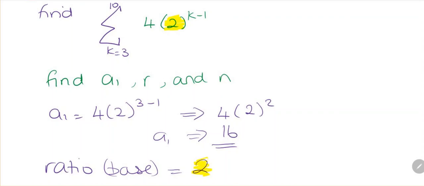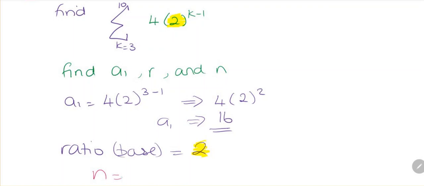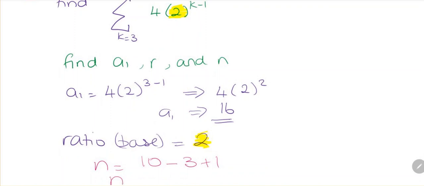So the next one we need to find is n. To find n, this is going to be the difference between the top value and the bottom value. So that's 10 minus 3, and we add 1. So that's going to be 7 plus 1 is 8. So we've got the number of terms as 8.